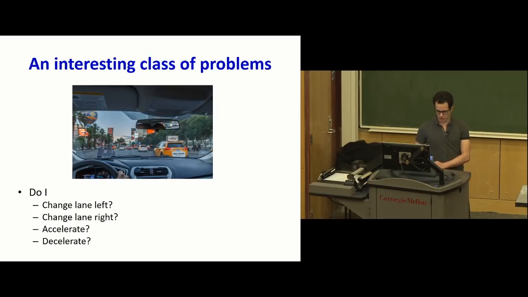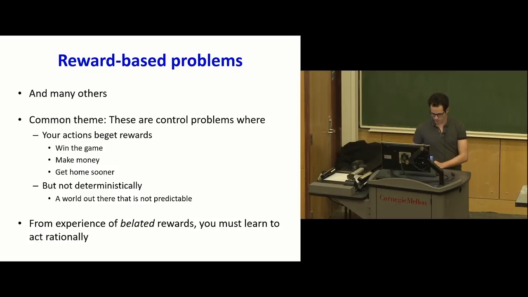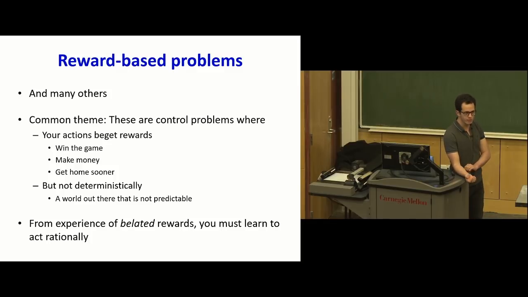So all of these, to formalize it a little bit, are reward-based problems. So the actions that you do beget rewards. First of all, these rewards are not deterministic, so the world isn't completely predictable.